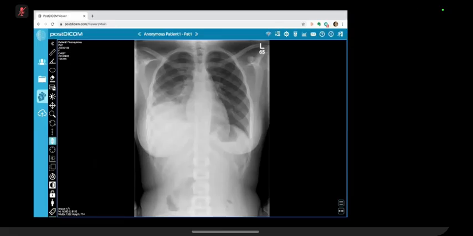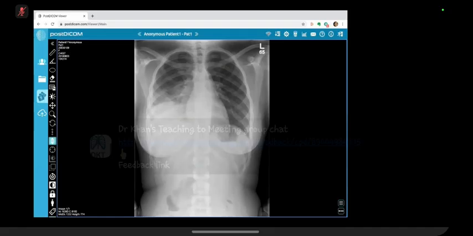So this is a frontal chest radiograph of a 17-year-old patient, as well as upper abdominal radiograph. I can see a right lower zonal abnormality in the form of well-defined opacity.